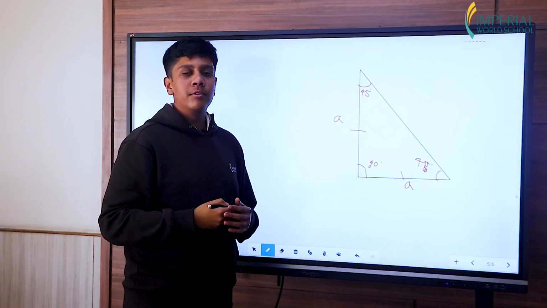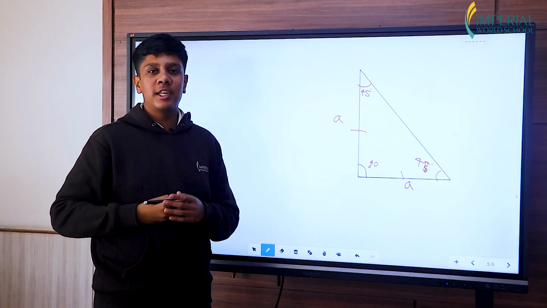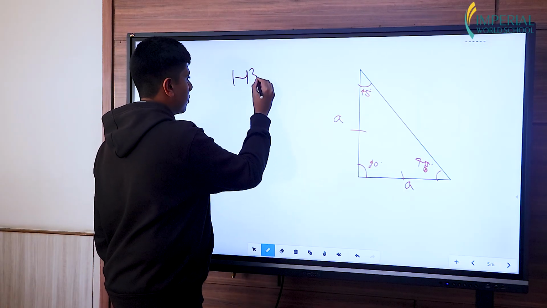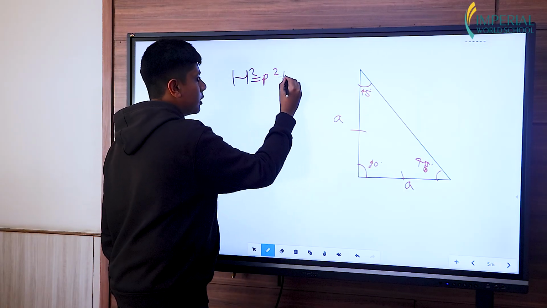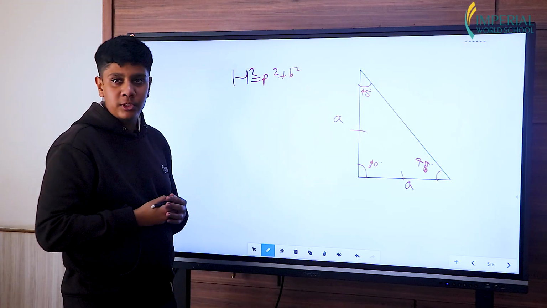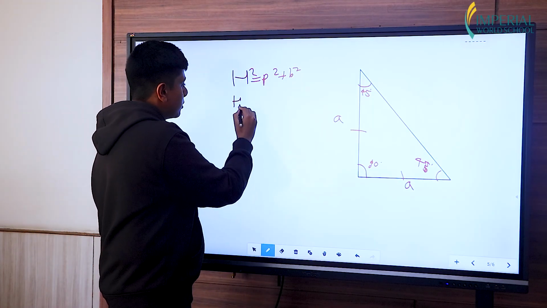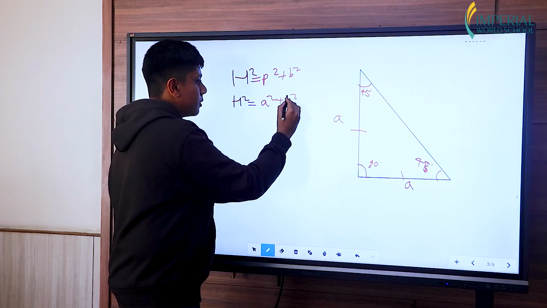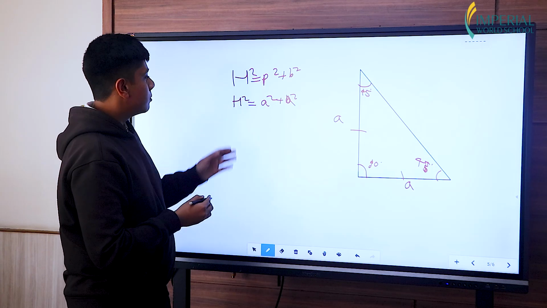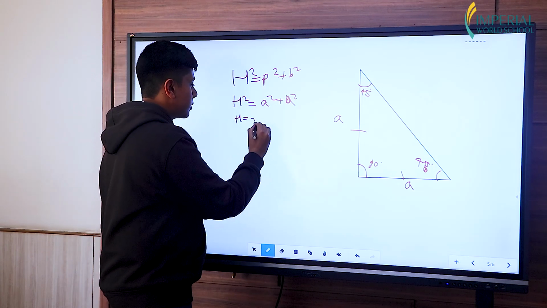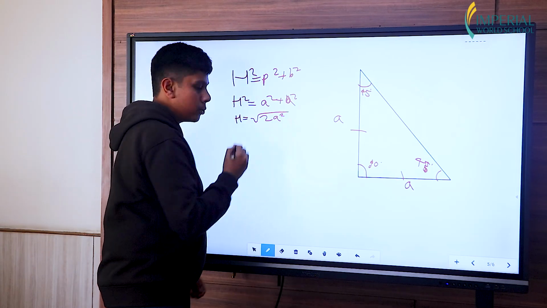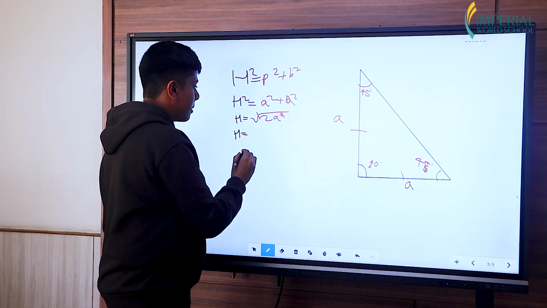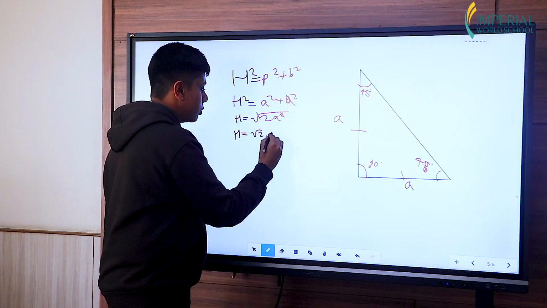Now we will find the hypotenuse, which is necessary to find sine, as the value of sine is p by h. We will use the Pythagoras theorem again, which states h square equals p square plus b square. Now we fill in the values of p square and b square. This can be simplified and written as h equals root under 2a square, and now the squares cancel out, leaving us with the hypotenuse being root 2 into a.